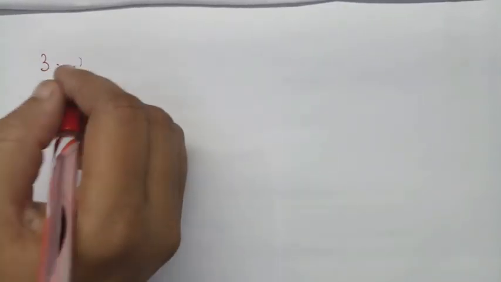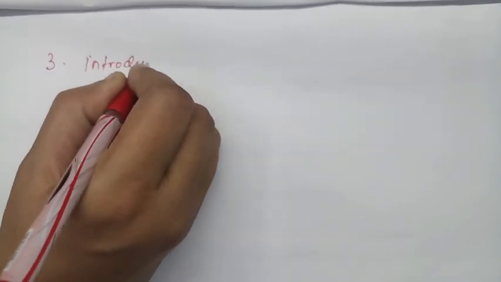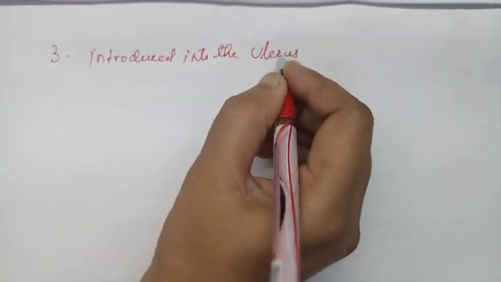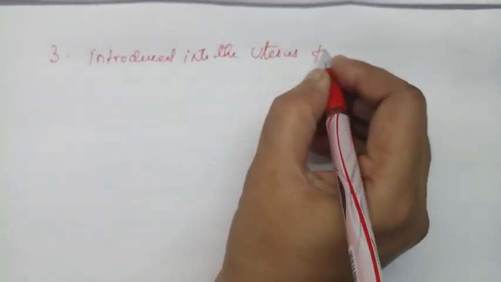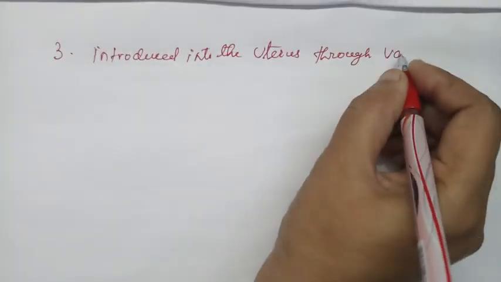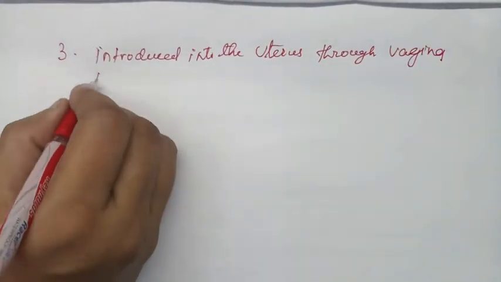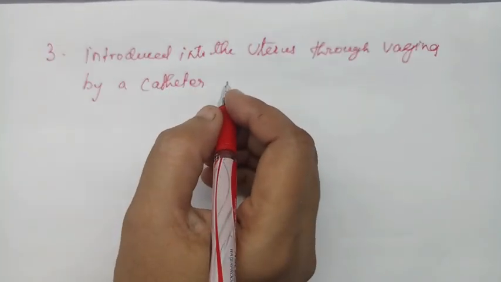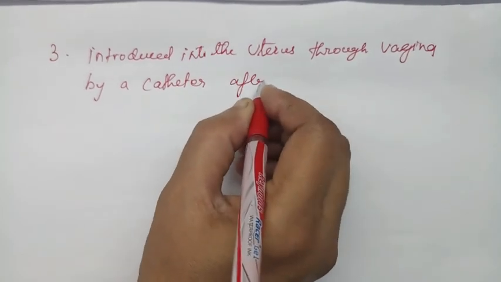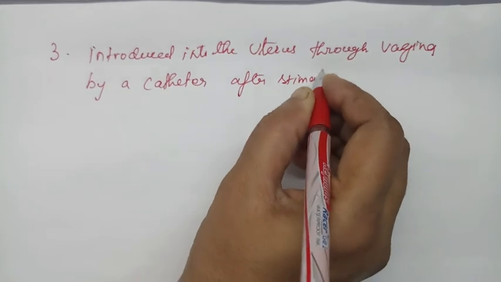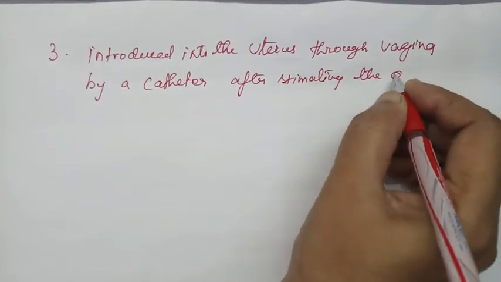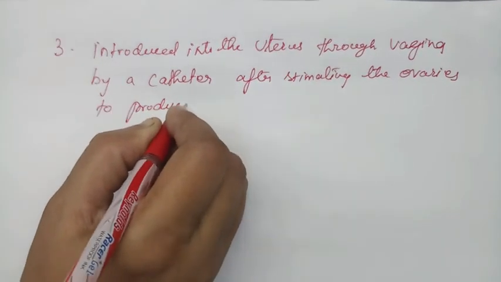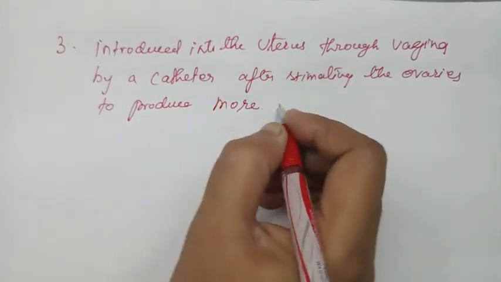It is introduced into the uterus through the vagina by a catheter, after stimulating the ovaries to produce more ova.